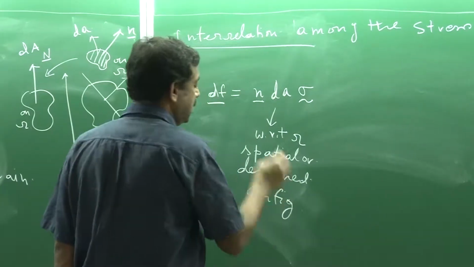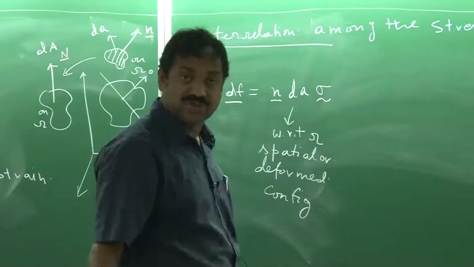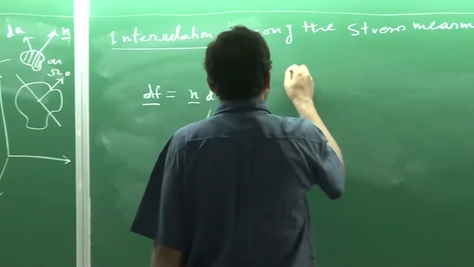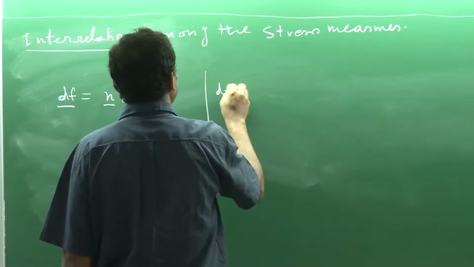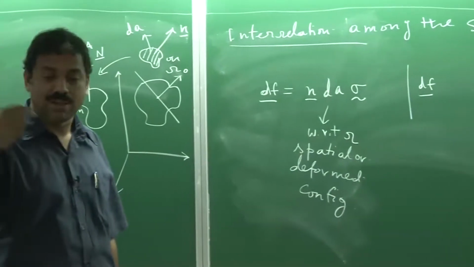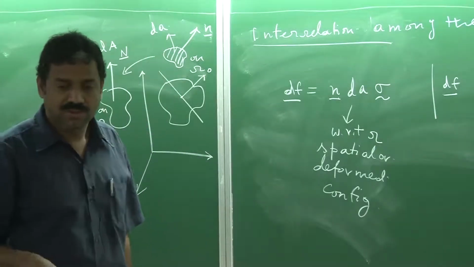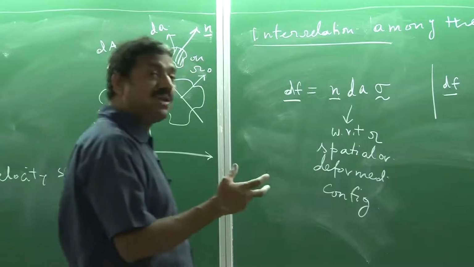All quantities in the deformed configuration we denote with small letters, and sigma is the Cauchy stress tensor. About df bar, we do not care whether it is deformed or undeformed, because it is an externally applied load.